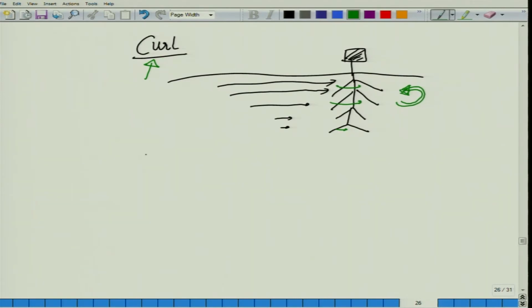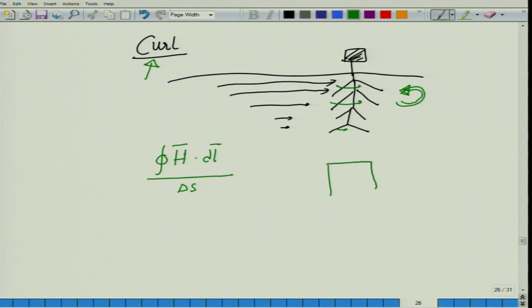Mathematically, the definition of curl is that I take the vector field, let us say the vector field happens to be h, and I evaluate this h over the closed line integral. After evaluating that, I divide it by the surface, the open surface that I have.